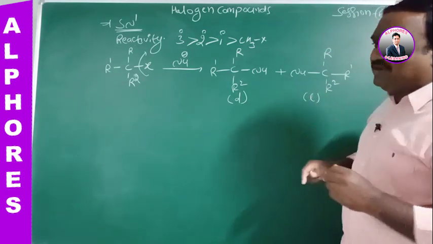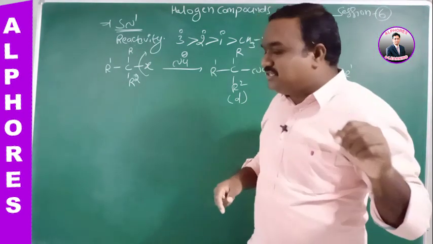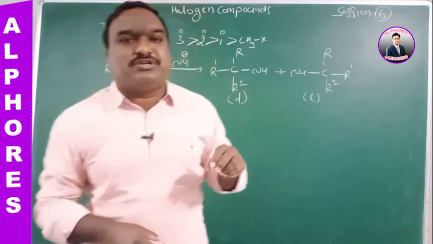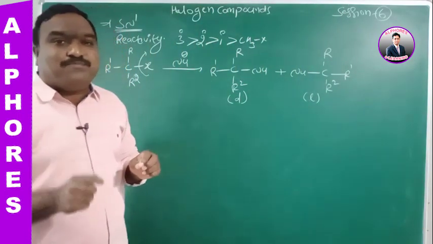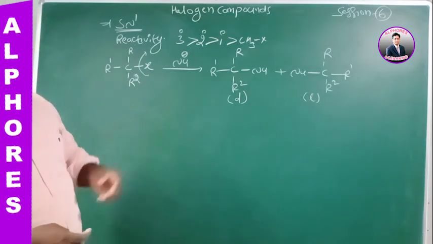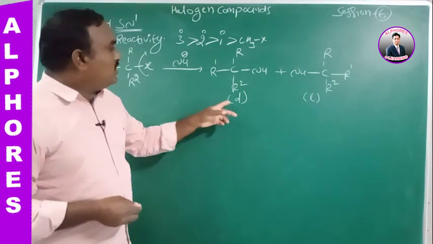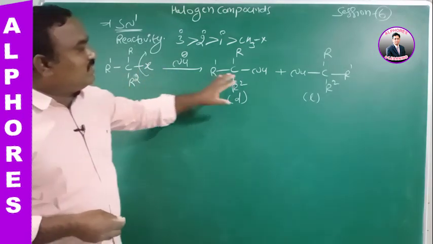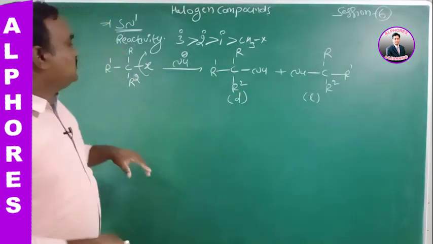Both are having different configurations, so the mixture is called a racemic mixture. The non-superimposable mirror image relationship is called a racemic mixture.